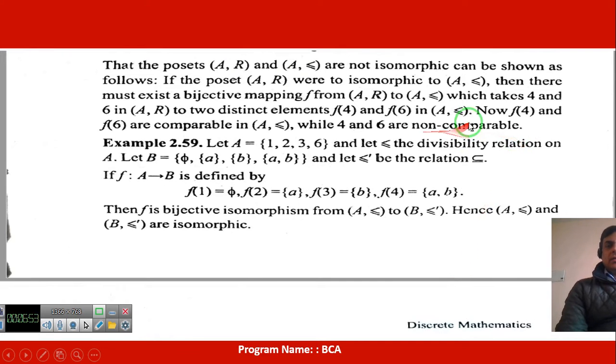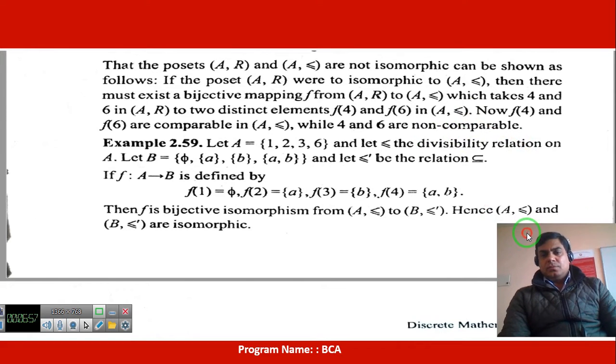We will make the mapping between these two, then there is no one-to-one correspondence. Now f(4) and f(6) are comparable in this, while 4 and 6 are non-comparable.